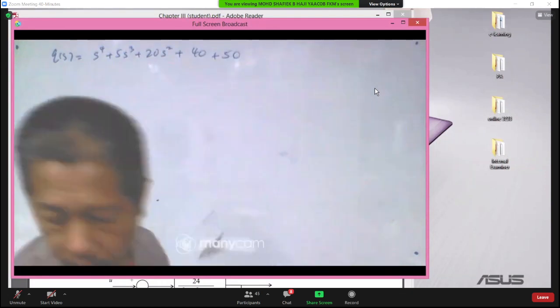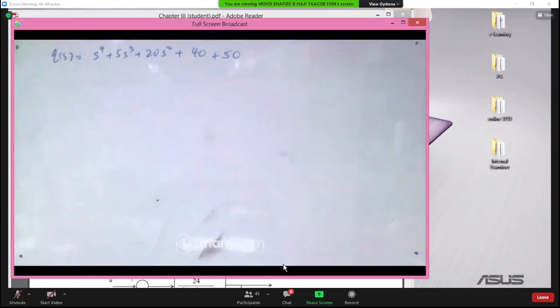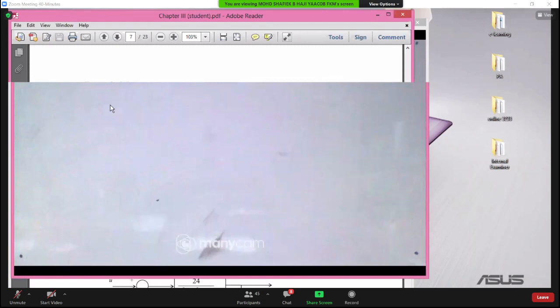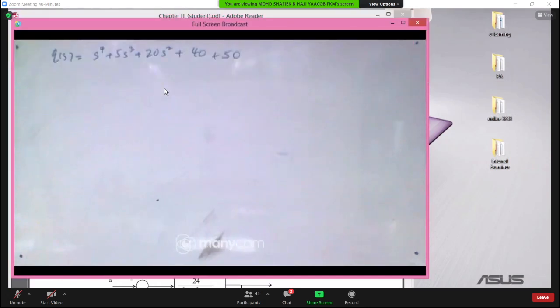Let me double check whether it is correct. s to the power 4, 5s cubed, 20, 40, and 50. Okay, since this is a fourth order polynomial, you're going to start your Routh table at s to the power 4.